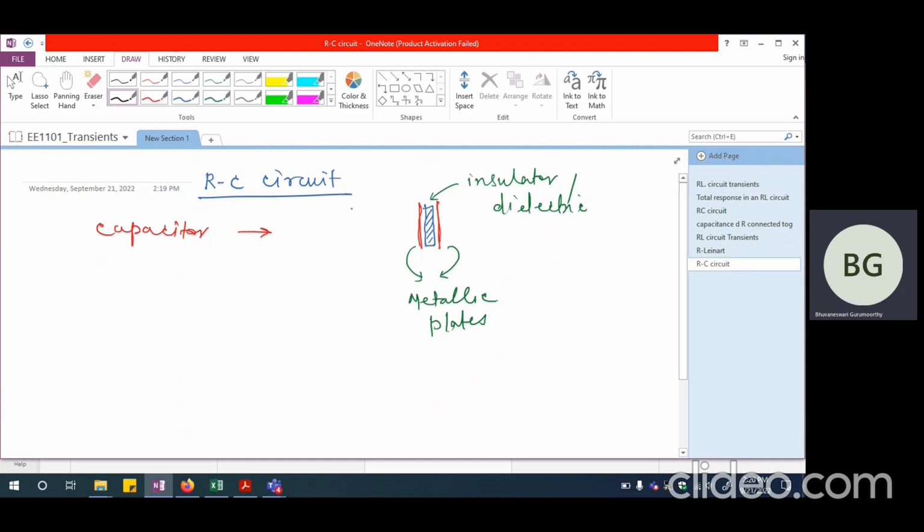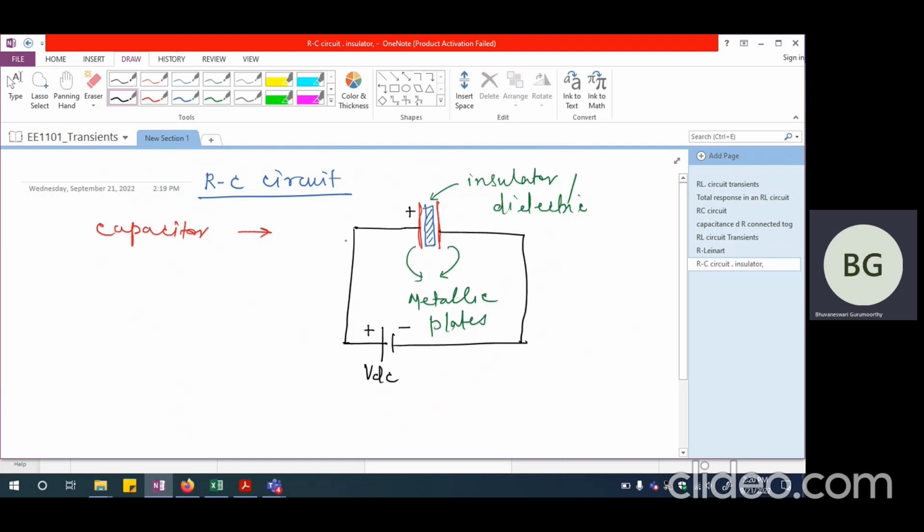And if I look at the capacitor being connected to, let us say, a DC source like this, with a potential difference of VDC, so this battery is having a voltage that is available as VDC. Now, when I connect this to a capacitor, it is at zero potential.